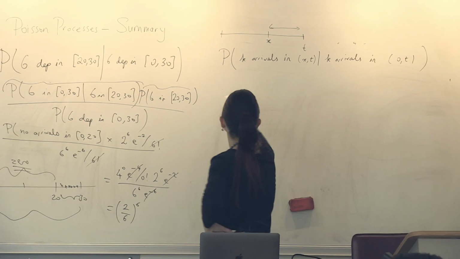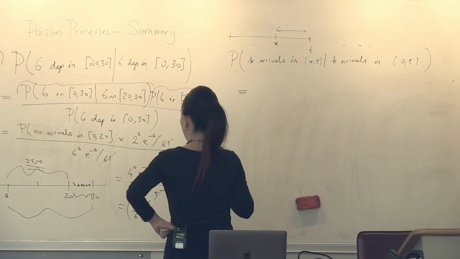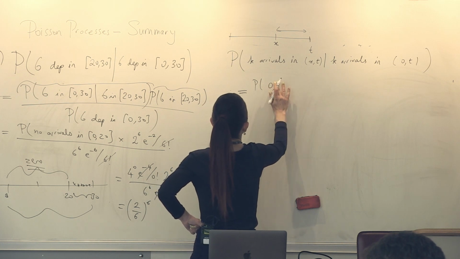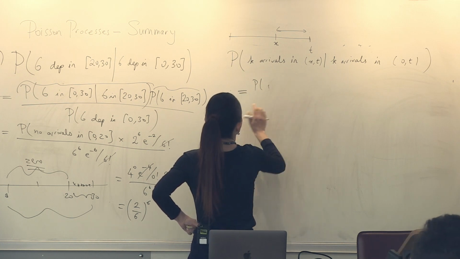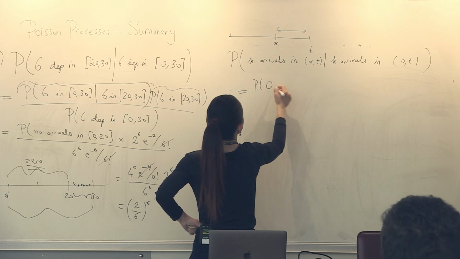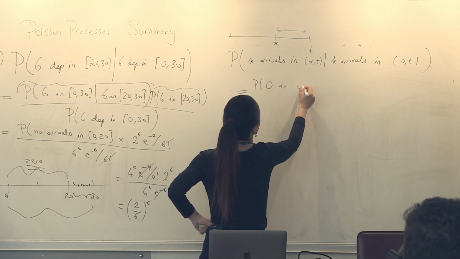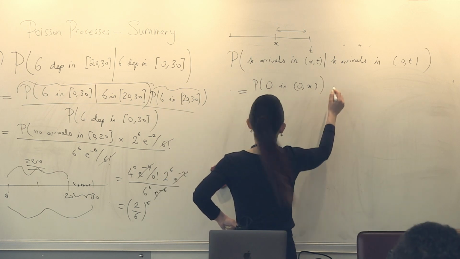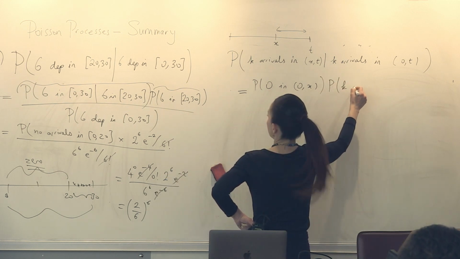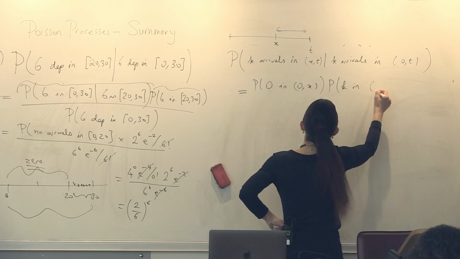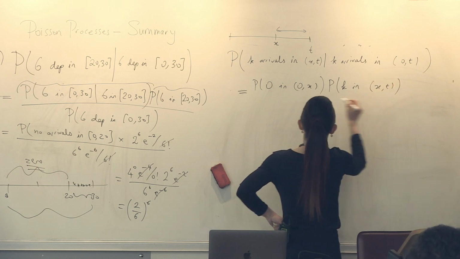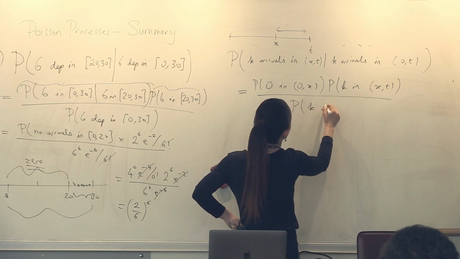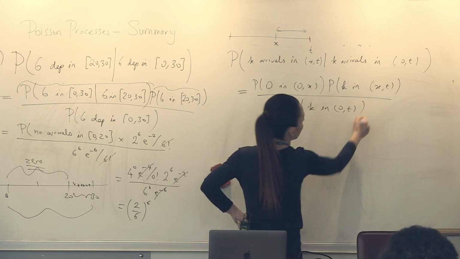Okay, by the same argument, I can write this as the probability of 0 arrivals in 0 to x, times the probability that there are k in x to t, divided by the probability that there are k in 0 to t.